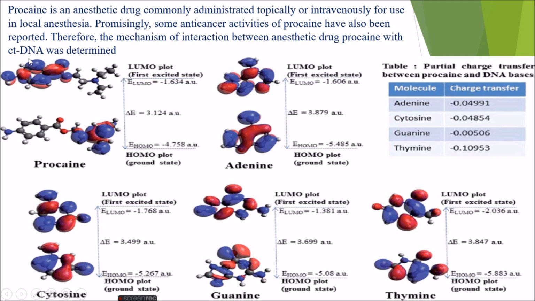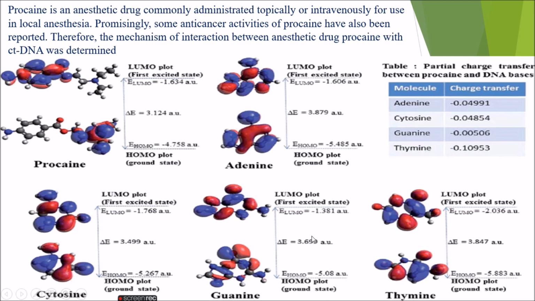They did these docking studies, and before that they had excellent information from the HOMO-LUMO energies to confirm this. For procaine, the HOMO-LUMO energy gap, obtained by subtracting the HOMO energy from the LUMO energy, is found to be 3.124, the delta E. And these are adenine, cytosine, guanine and thymine, the DNA bases.